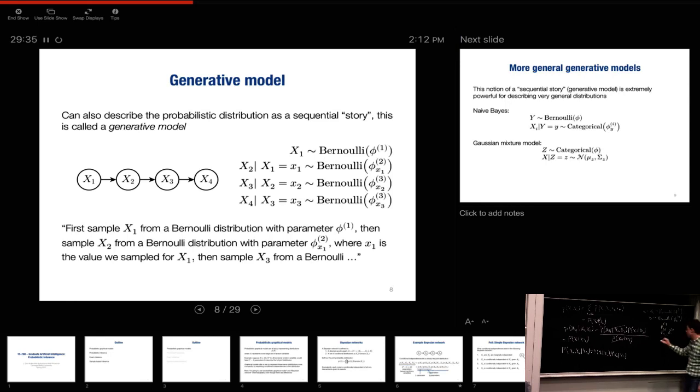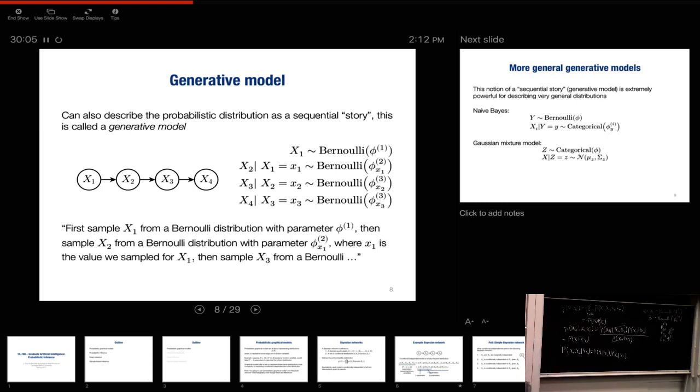And similarly, phi3,0, phi3,1, etc. These are exactly the same as the probabilities I talked about before. I'm writing it this way because this is how I defined a Bernoulli distribution, governed in terms of these parameters. So I'm talking about it in terms of a sampling procedure for these random variables.